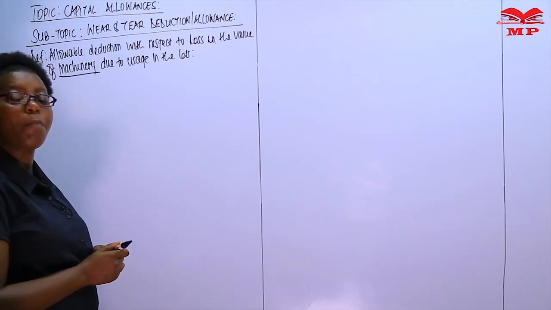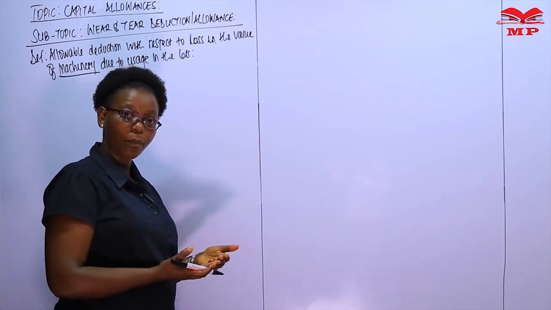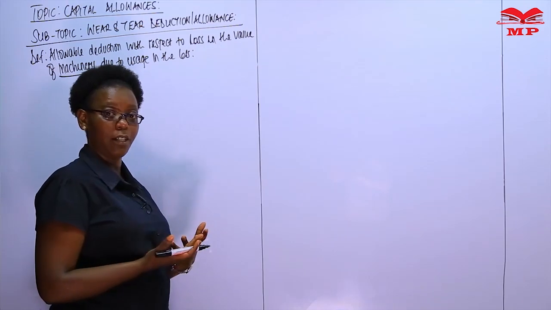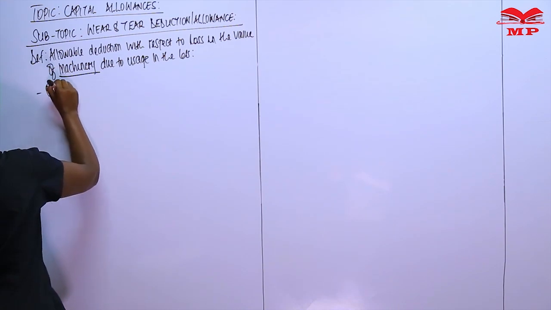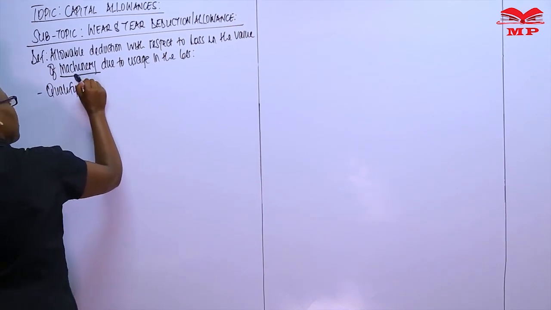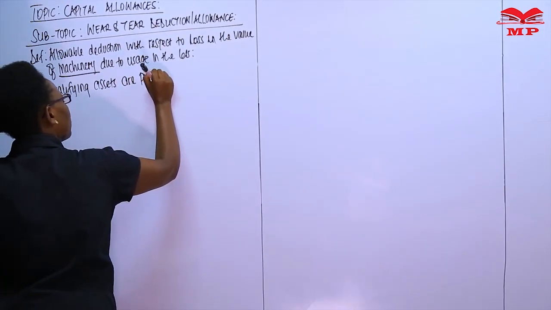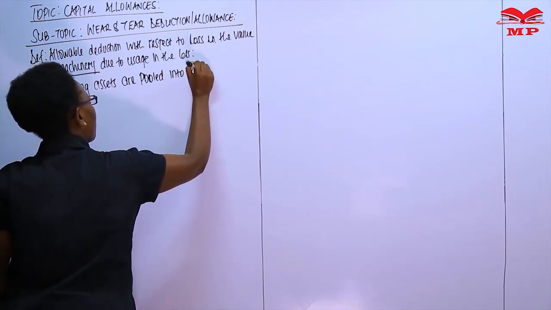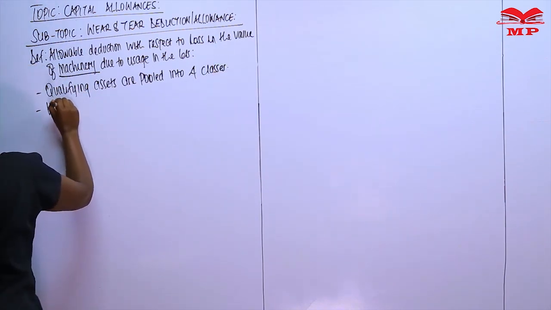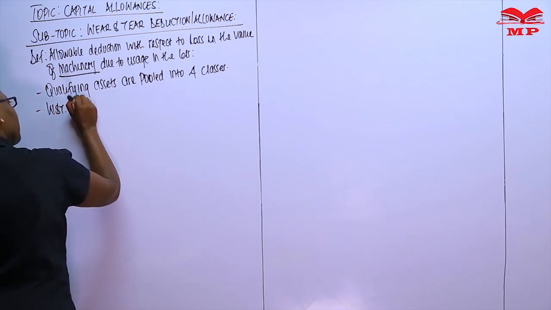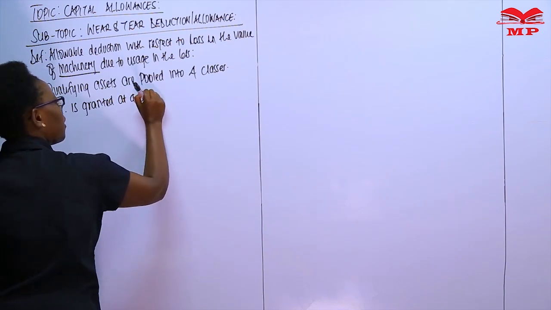So for wear and tear purposes, we're going to take machinery, and then depending on the nature of the machinery, we're going to put it in a specific class. So we are going to pool assets or qualifying assets into 4 classes. Then wear and tear, which we abbreviate as W&T, is granted at a specified percentage.